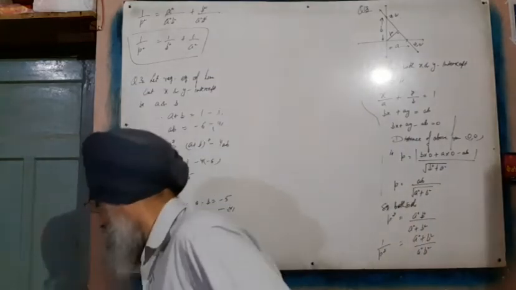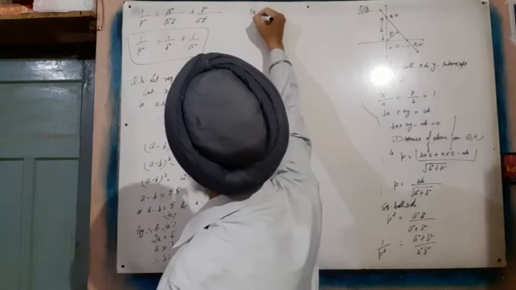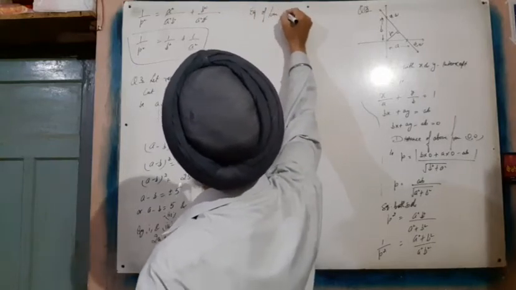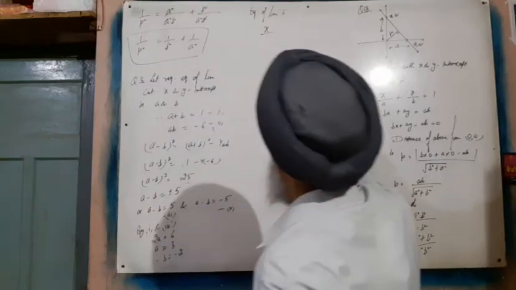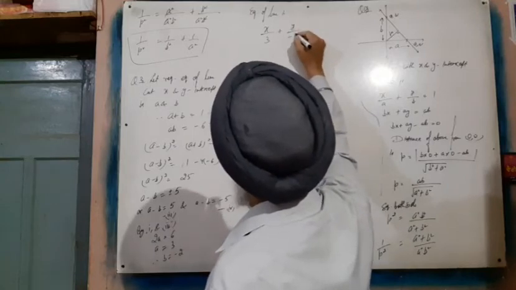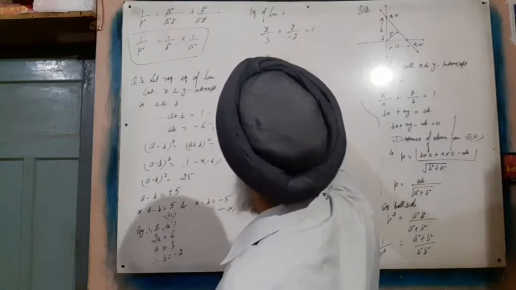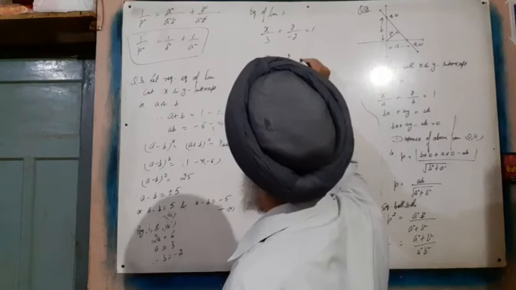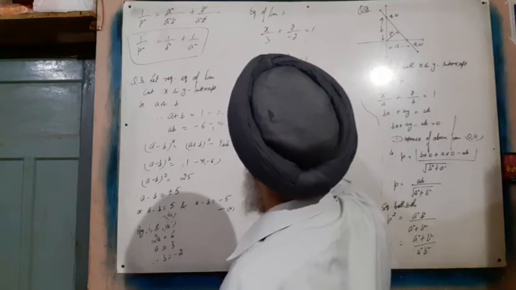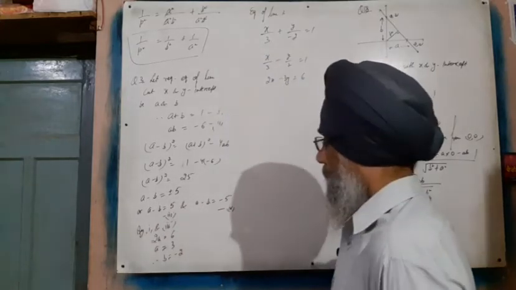So the equation of the line becomes x upon 3, y upon minus 2 is equal to 1, or you can say x upon 3 minus y upon 2 is equal to 1.